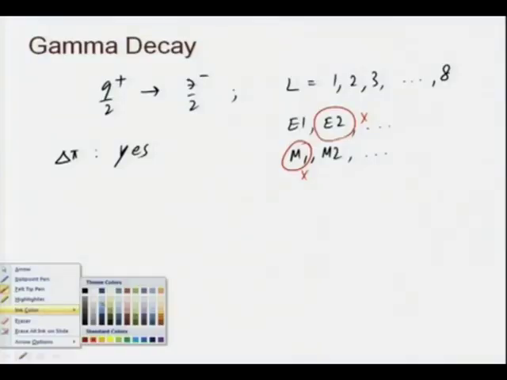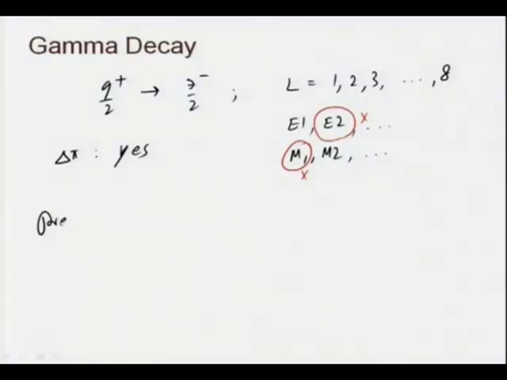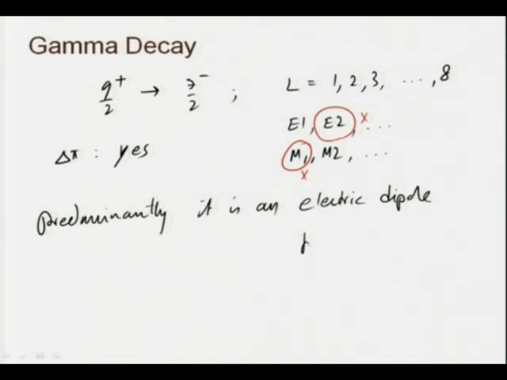So, M2 has a double disadvantage here compared to E1. Therefore, we will say that predominantly it is an electric dipole transition.